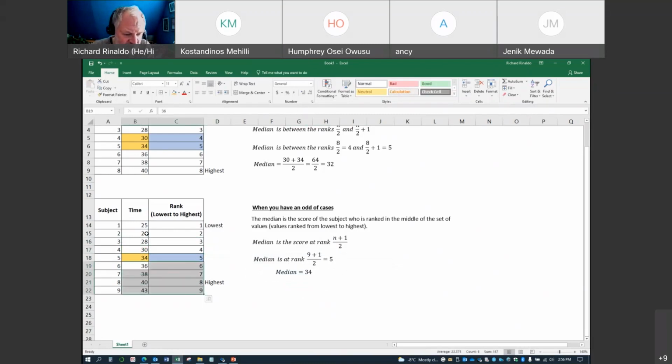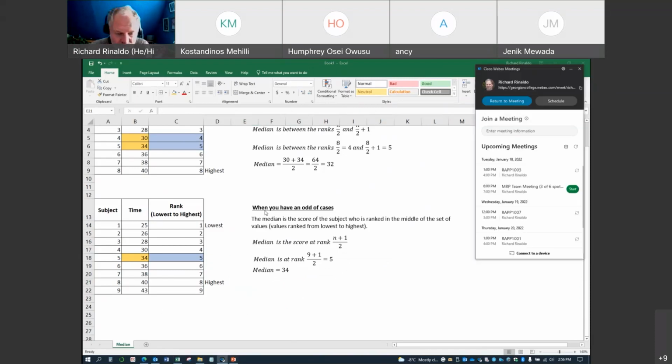Because there's four below, four above. So there's where the median is. Okay. So, any questions on that? All right.